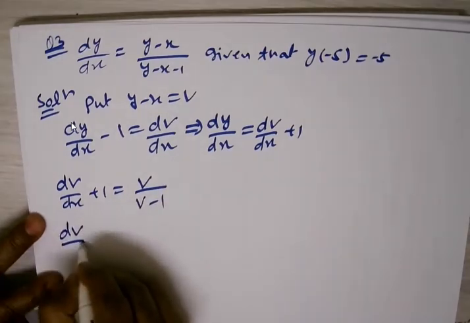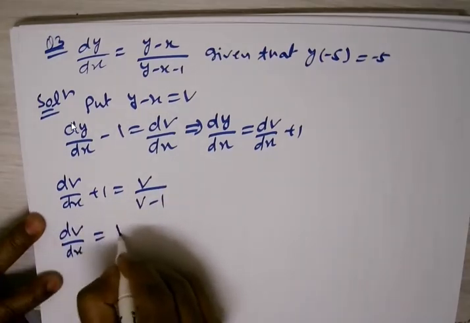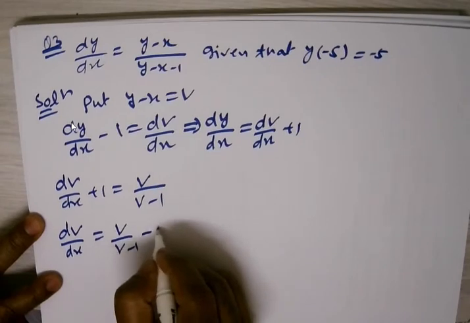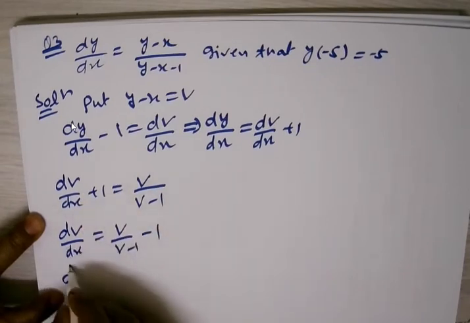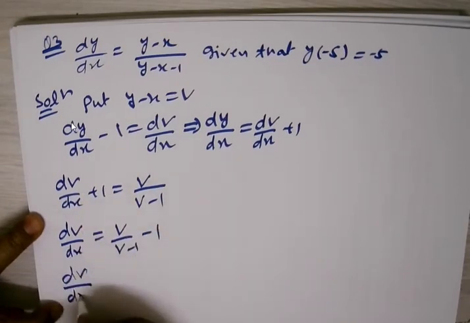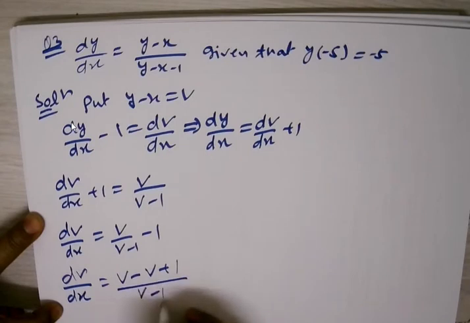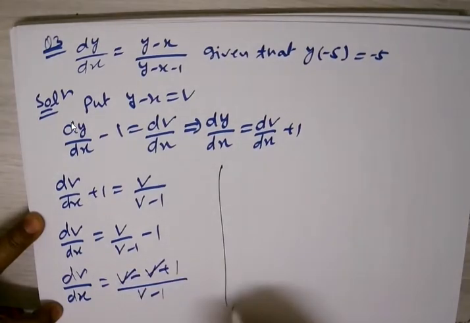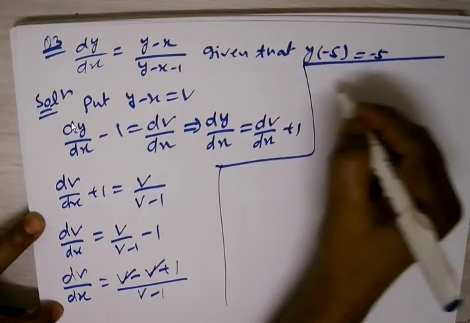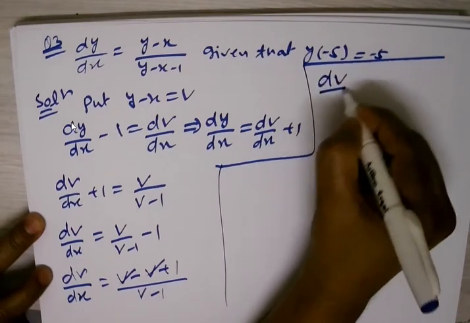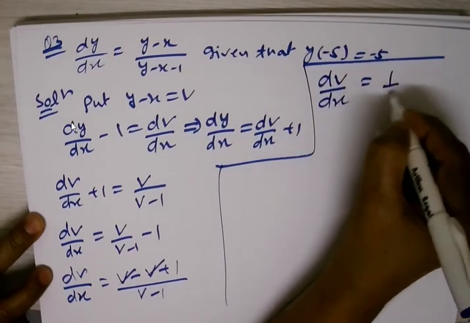It comes dv/dx equal to v divided by v minus 1, because of the plus here. And simplify: dv/dx is equal to (v minus v plus 1) divided by v minus 1. Cancel this one. So this becomes now dv/dx is equal to 1 divided by v minus 1.